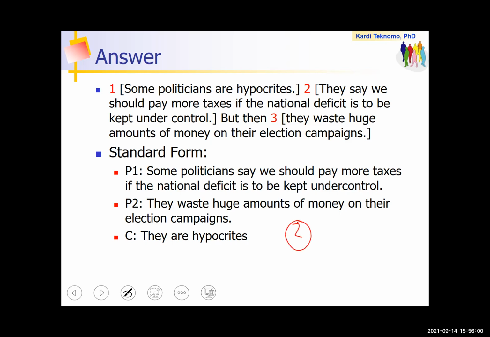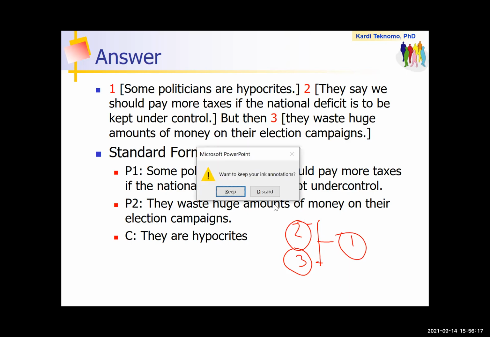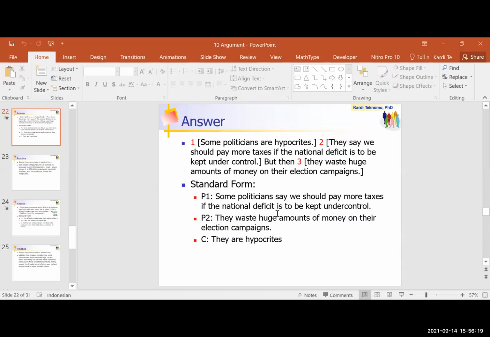Okay, 2 and 3, and then become 1. Right? So you make an argument diagram like this. Any question about how to make the argument diagram?